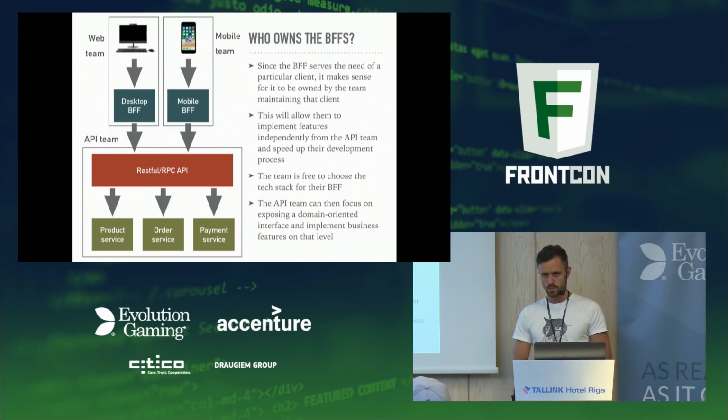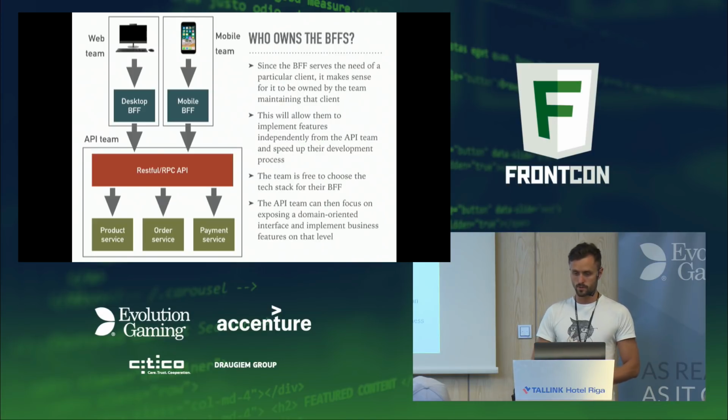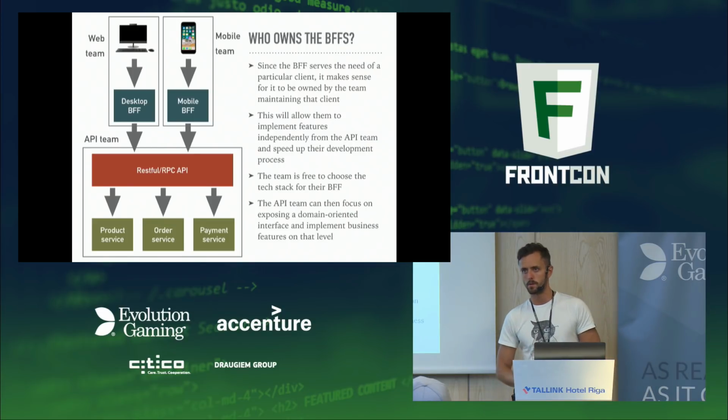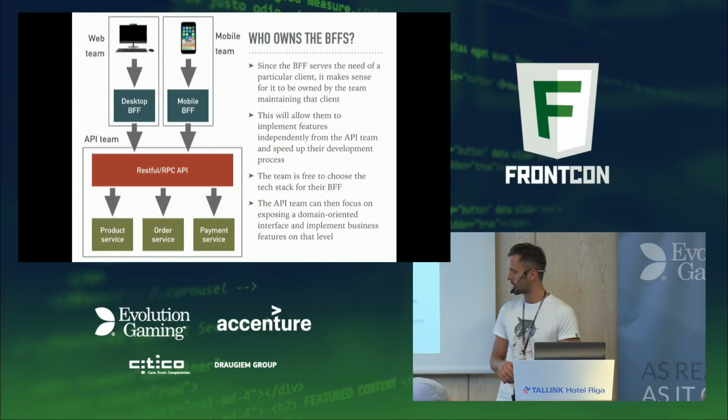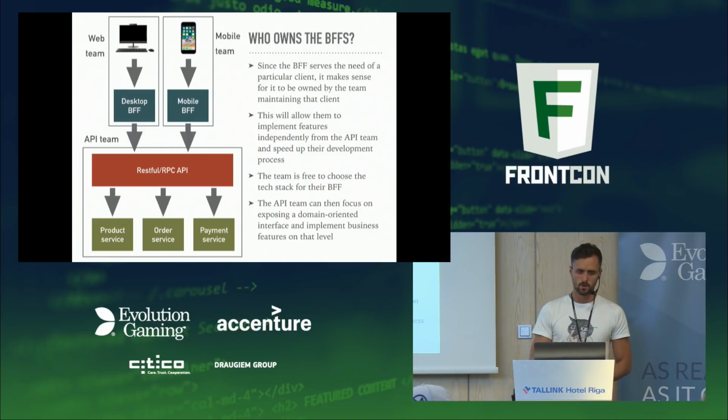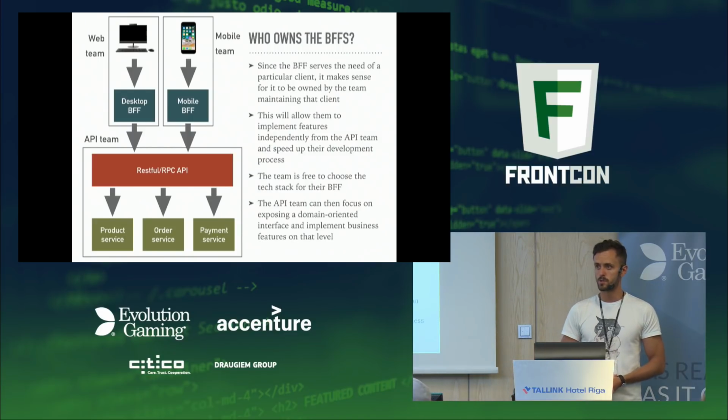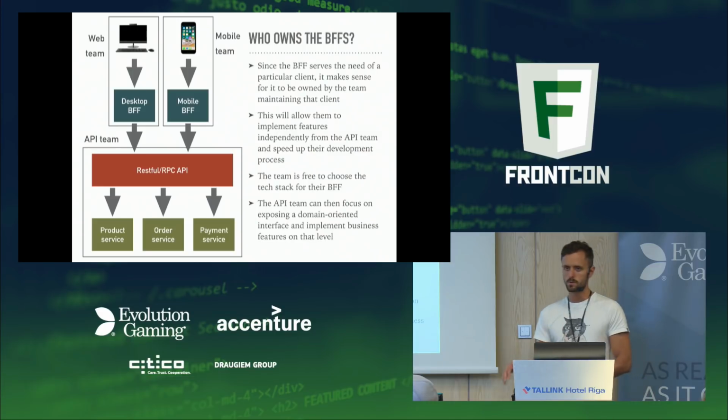It also changes how we think about API development from an organizational point of view. So now there's a question: prior to that we had a backend which was maintained by the backend team. Now, who maintains the BFFs? Are they maintained by the backend team itself? Not really. The general idea is that the BFFs should be maintained by the teams which are maintaining the client. Why is this important?